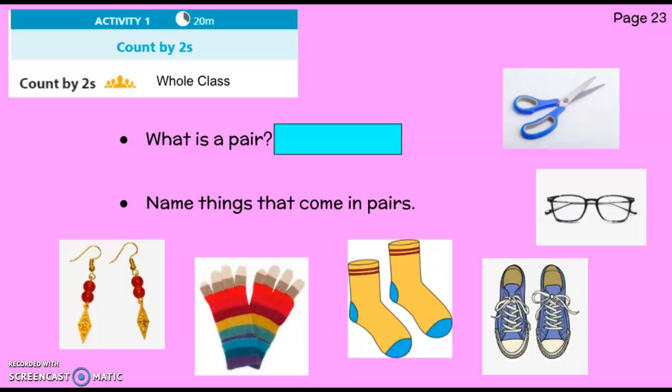What is a pair? Yeah, a pair is two. It means two things. So name things that come in pairs. Well, there's a pair of earrings because I have two ears. A pair of gloves or mittens because I have two hands. I have 2 feet that need a pair of socks or a pair of shoes or both.